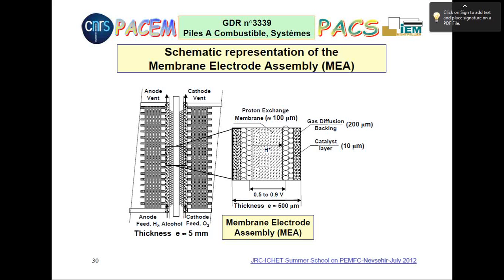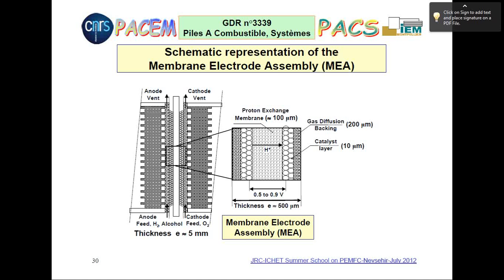You need the gas diffusion layer to distribute the gases, either hydrogen or oxygen, to the catalytic sites, and you also need contact with the ionic membrane with protons. So you have a three-phase boundary. You must have electrons, you must have protons, and you must have reactive species, hydrogen or oxygen, in this layer.